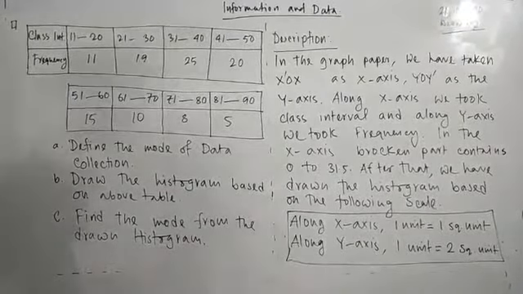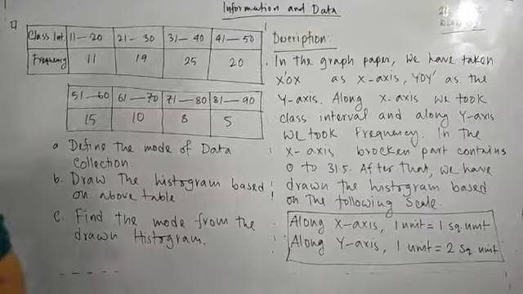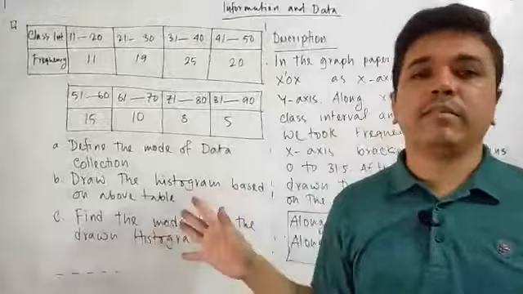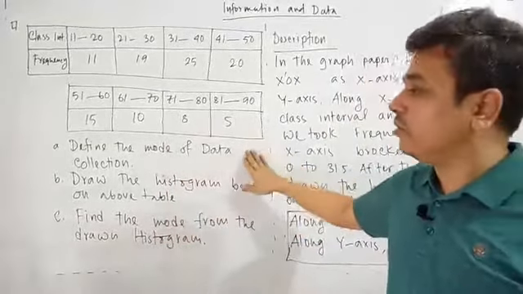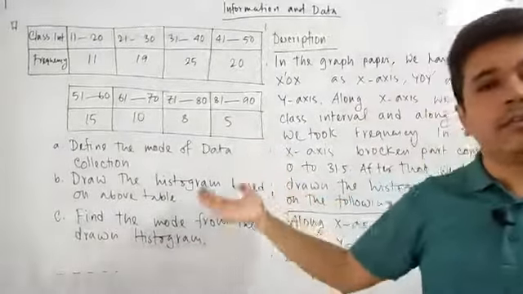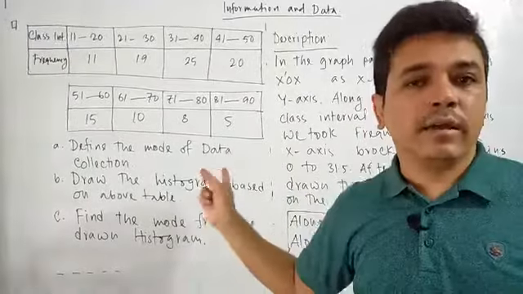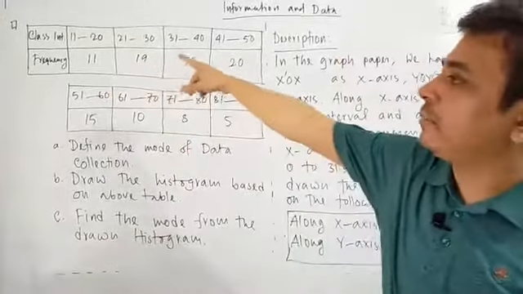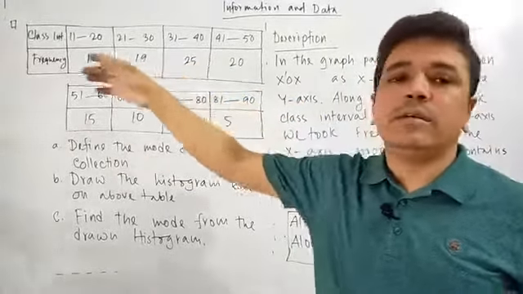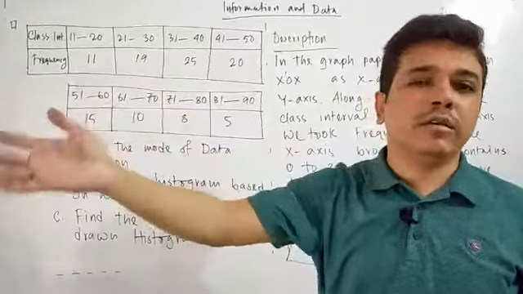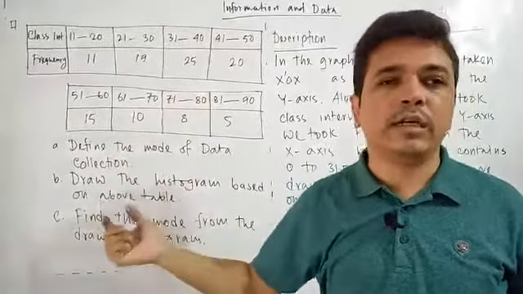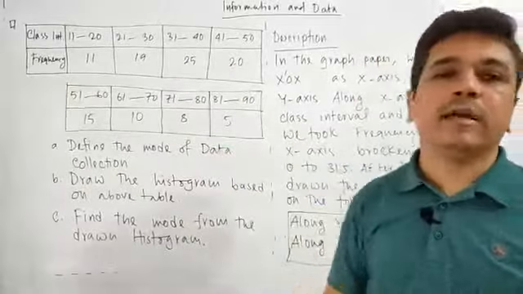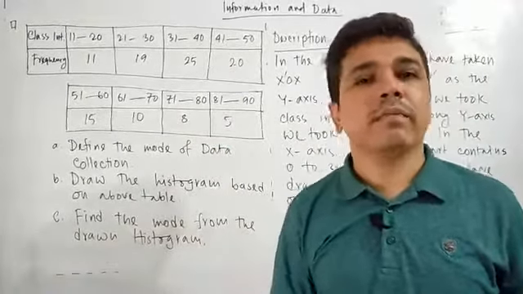There is only one question given in your book, and you will face one question of this type, and another question is what I gave yesterday. This same question, just the data will be different. For example, here I have given 11 to 20, maybe it will start 21 to 30, a little change in the data set or table, but the question type everything will be the same.